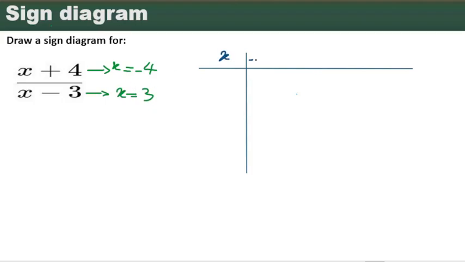I start from negative infinity and then go to the smallest critical point, which is negative 4, then 3. 3 can't be in my domain, and the values of x go to positive infinity.